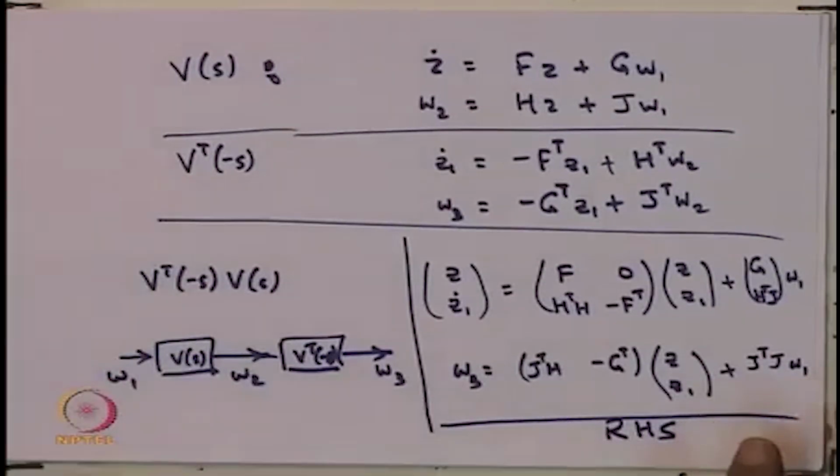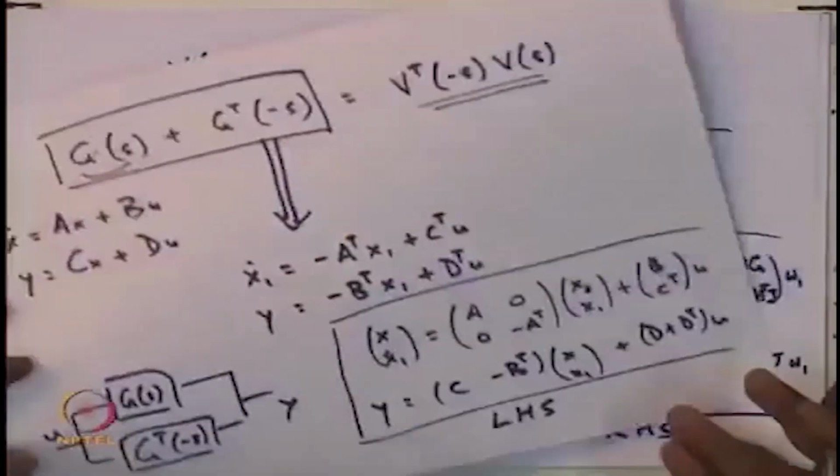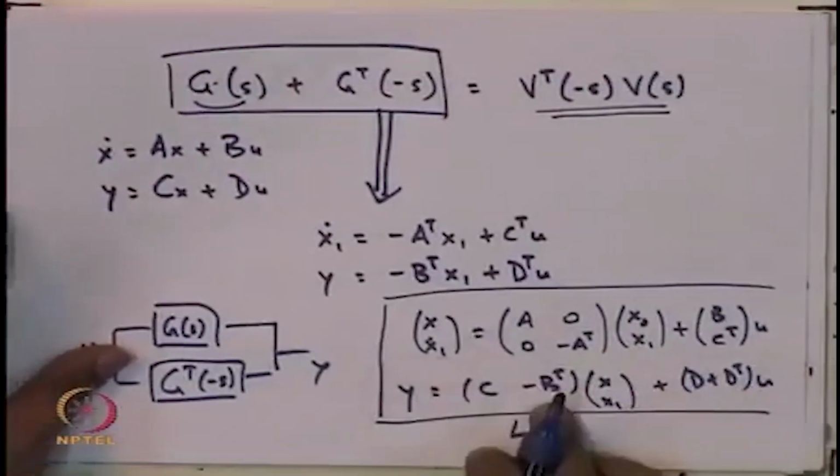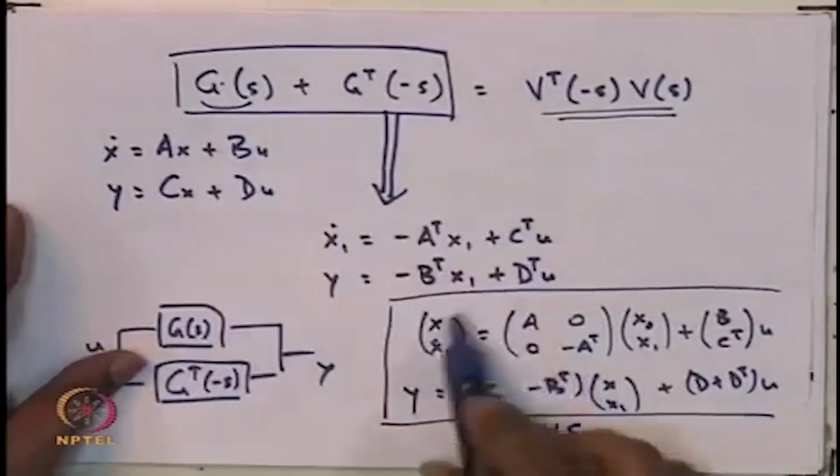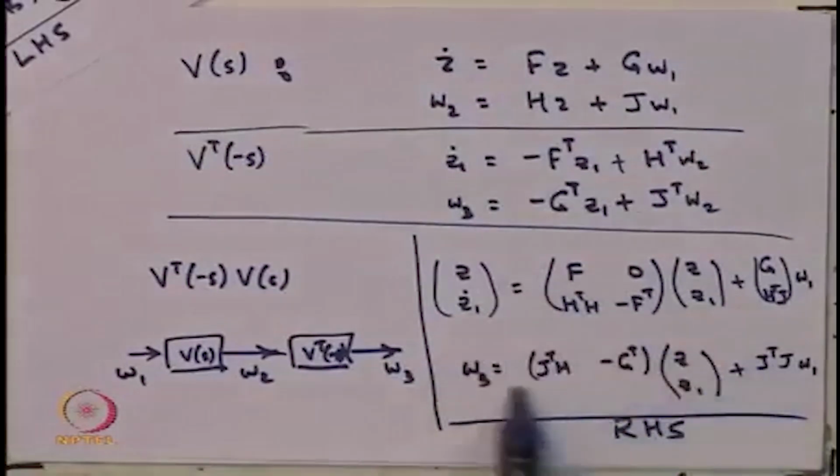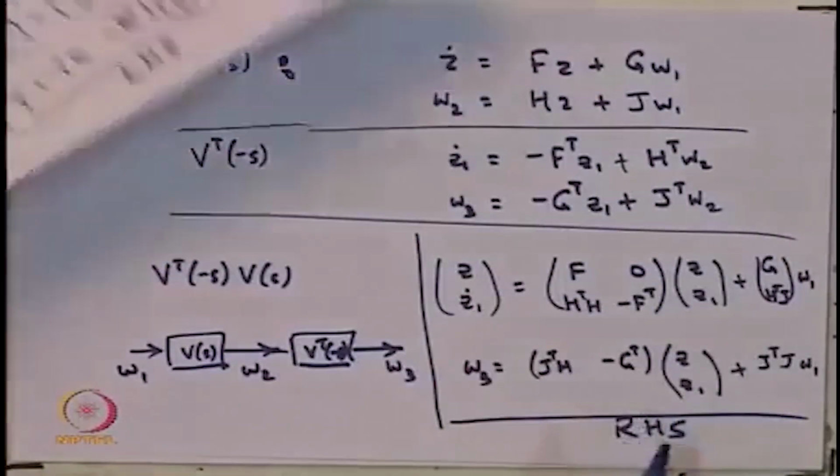So, if you recall, there was a minimal state representation for the left hand side of this equation that we obtained, and we have also obtained a minimal state representation of the right hand side of that equation. Okay.